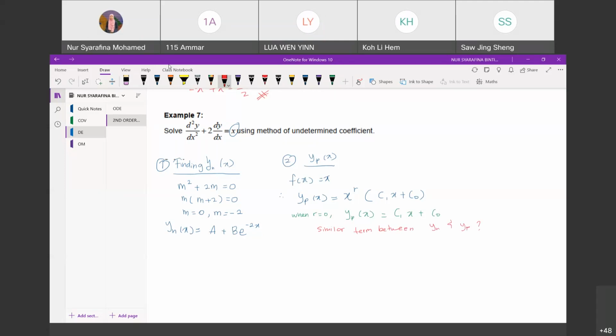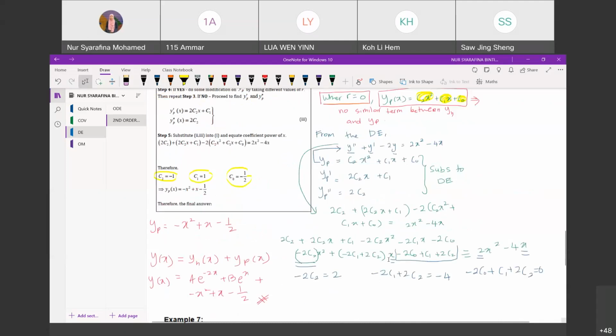This is your YH, and this is your YP. Anyone want to try? Is there any similar term between YH and YP? Similar means similar in terms of form.